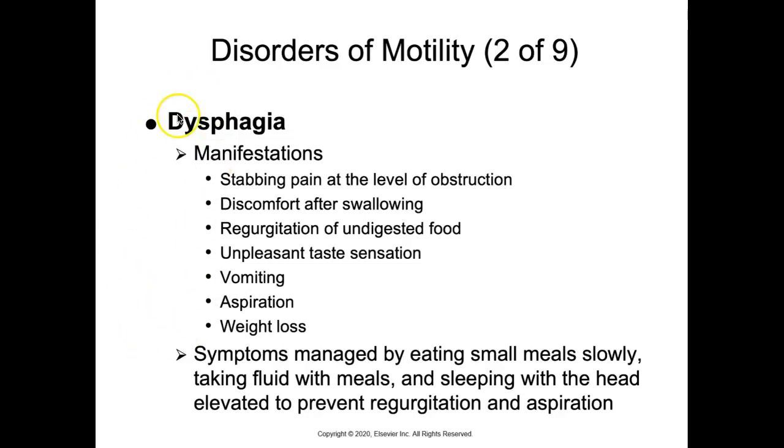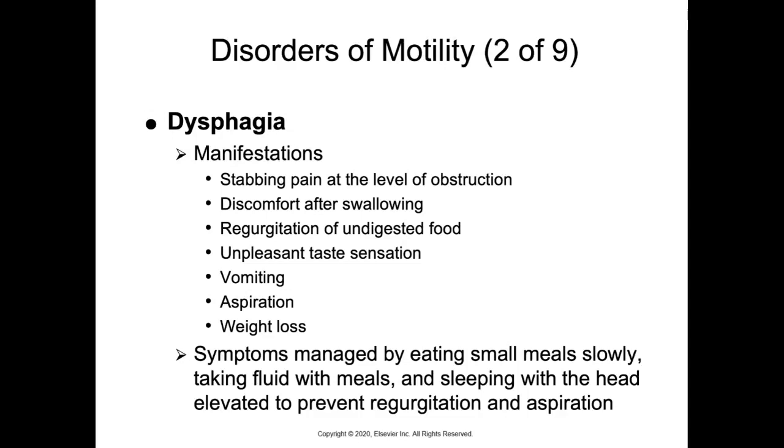So obviously when we see these clinical manifestations, it may lead us to believe someone has dysphagia, but we can also use some imaging to be able to visualize the esophagus and see if there's any structural defects taking place. And if necessary, we can also use esophageal motility testing and esophageal endoscopy so that we can look at the mucosa, that inner layer making contact with the lumen, and take some biopsies.